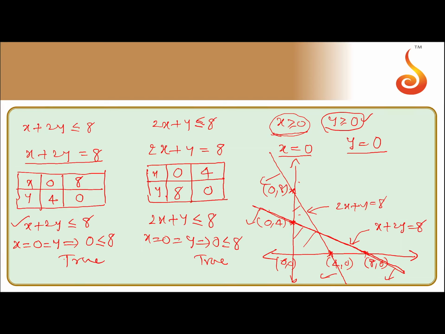I have to consider the region towards the right side of the y-axis and above the x-axis, and below this straight line, the common portion is this one. This is actually the shaded region, and this is the common solution for this system of inequalities.